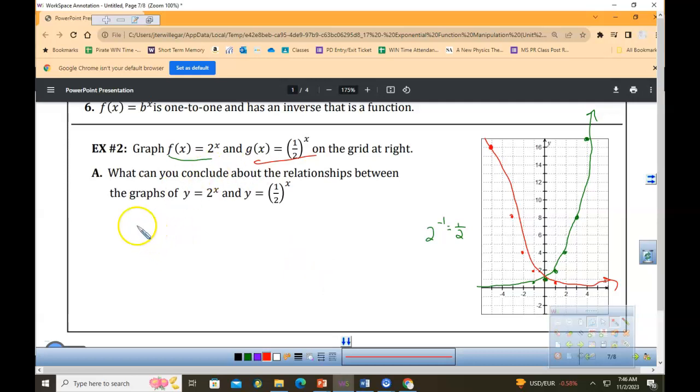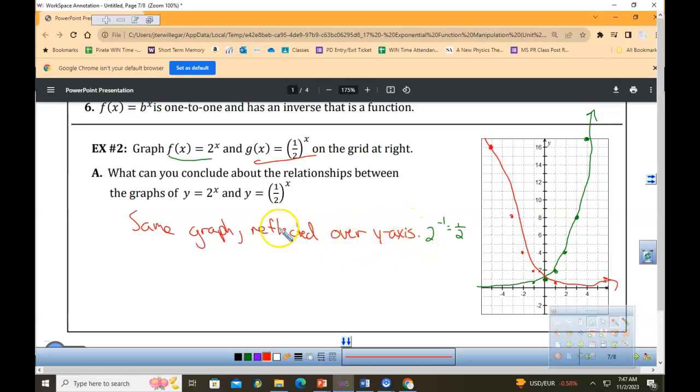Well, they're the same graph, but reflected over the y-axis.